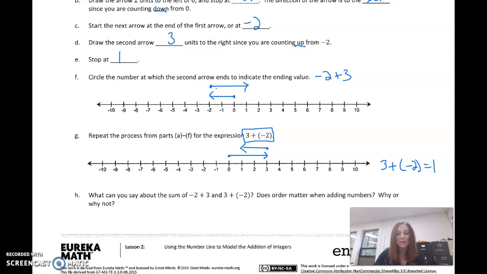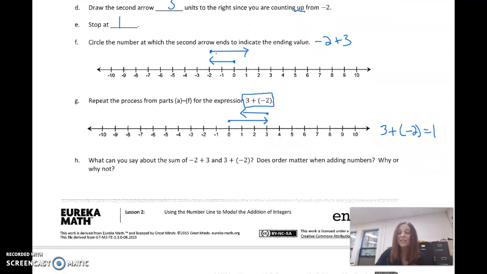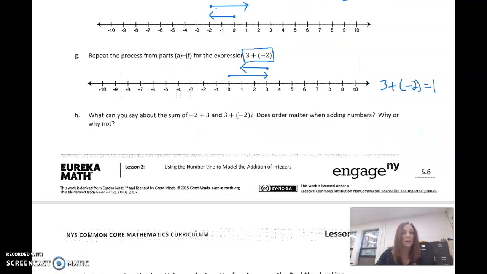So what can we say about the sum of negative 2 plus 3 and 3 plus negative 2? Does order matter? Well, since we both stopped at 1, even with my mistakes, we're going to say order doesn't matter when adding numbers.